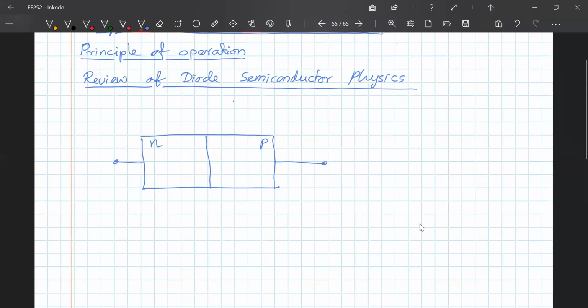If you take pure silicon, you have the same number of electrons as protons, so it's neutral, and none of the electrons are free to move around. They are covalently bonded to other atoms, so therefore it's an insulator.